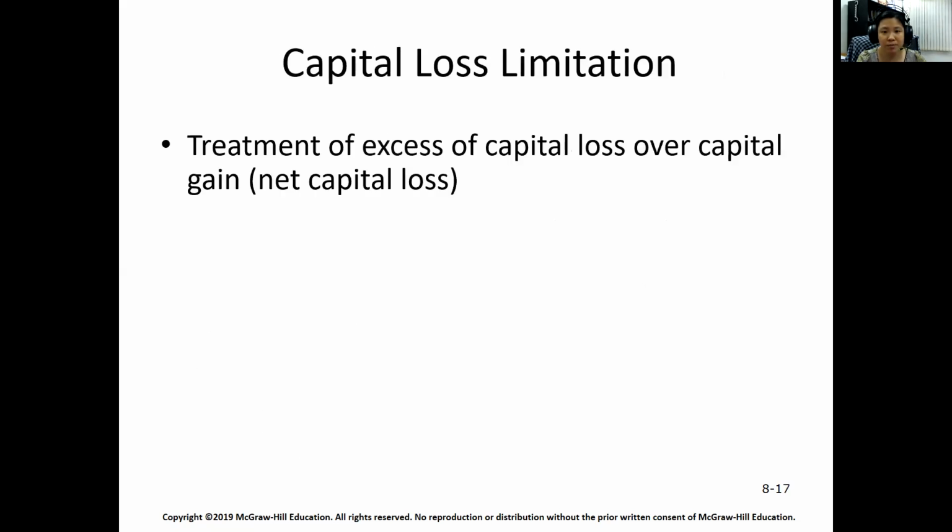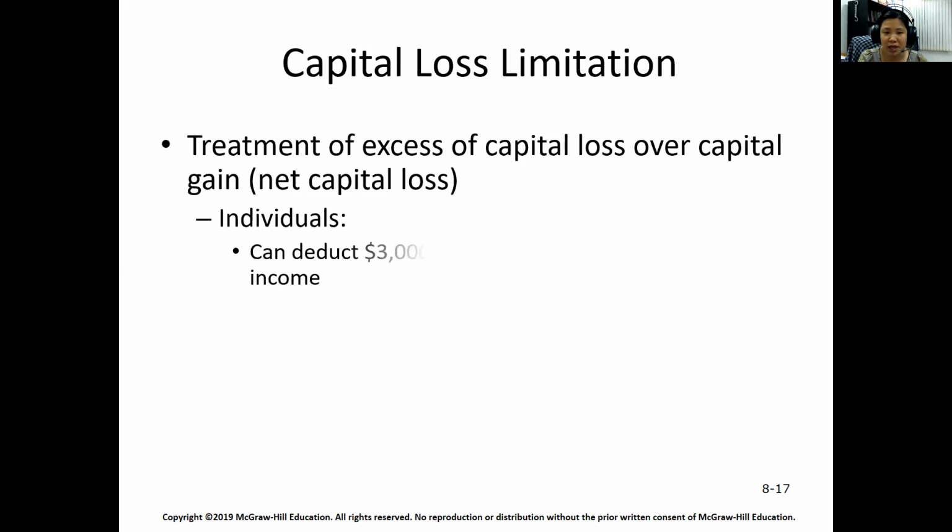Now, the treatment of excess capital loss over capital gain: how do we treat it? For an individual, if for example you have stock, which is a capital asset, and you sell it at a loss, remember we have the individual tax return project. Then you will have a capital loss.